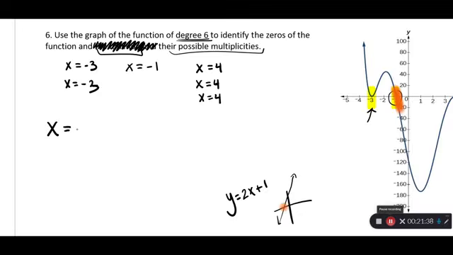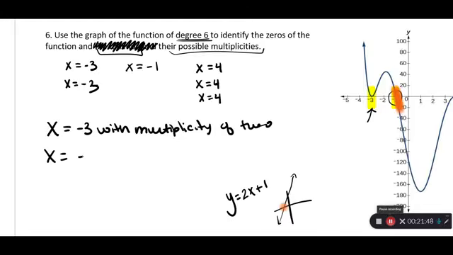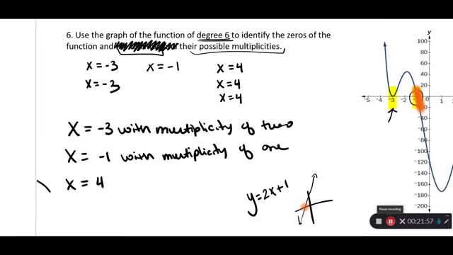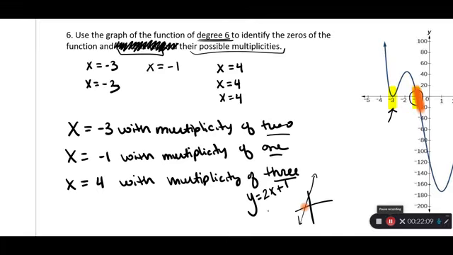So my zeros are x equals -3 with multiplicity of 2, x equals -1 with multiplicity of 1, x equals 4 with multiplicity of 3. And these should add up to 6, the degree of the entire polynomial. And it does.